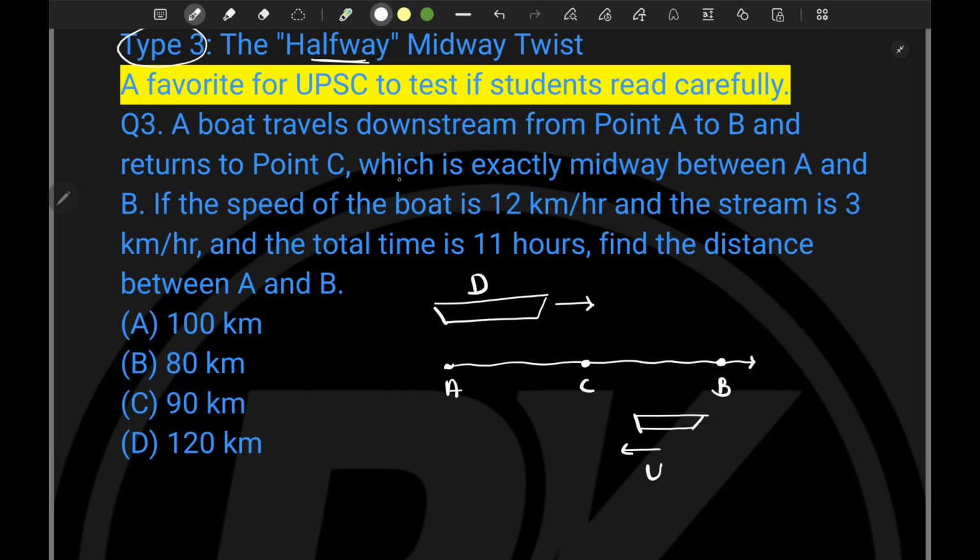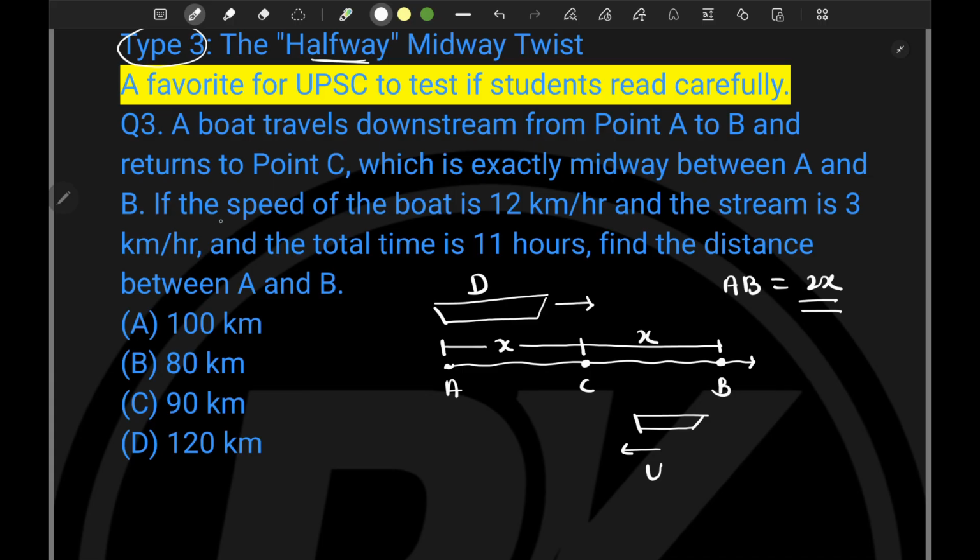And here they are saying that C is exactly midway between A and B. So if I consider the AC distance as x, then the CB distance will also be x, and hence the total AB distance will be 2x. This is clear.